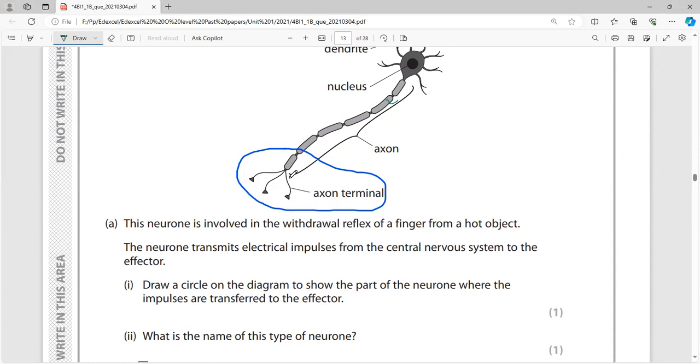For example, the axon terminal contains the neurotransmitter vesicles, present in this region. So the circle should bound this last region, which contains neurotransmitter. You can secure 1 mark here.